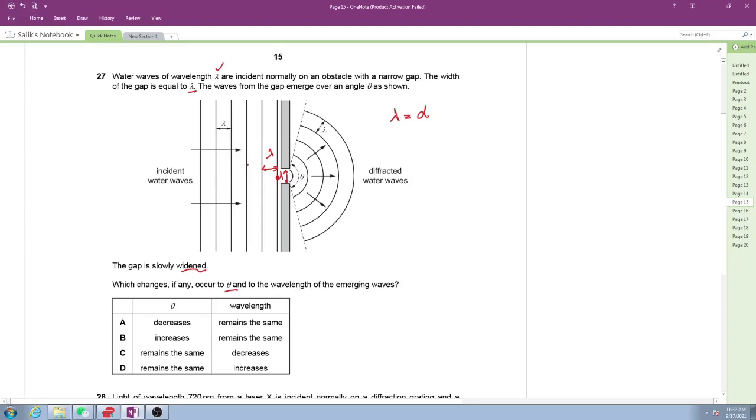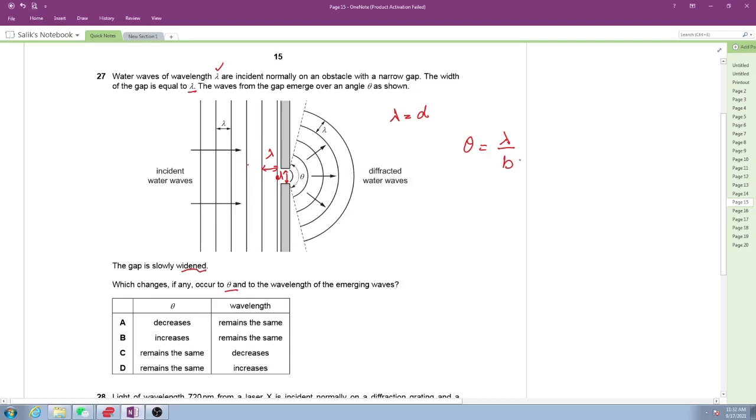If possible, you can keep one formula in your mind. That one is for single slit diffraction. When we have single slit diffraction, we have the formula theta equal lambda over b. b is basically the slit width here, and theta is the angle.